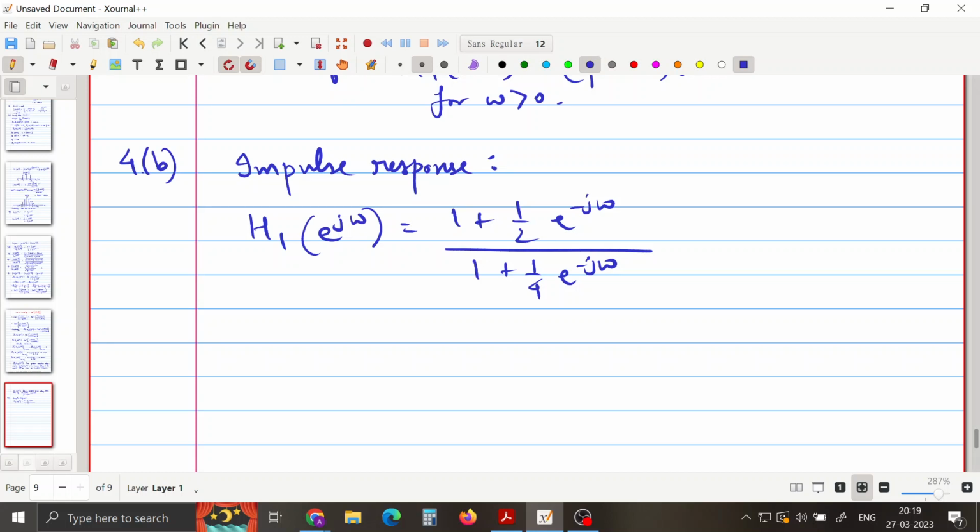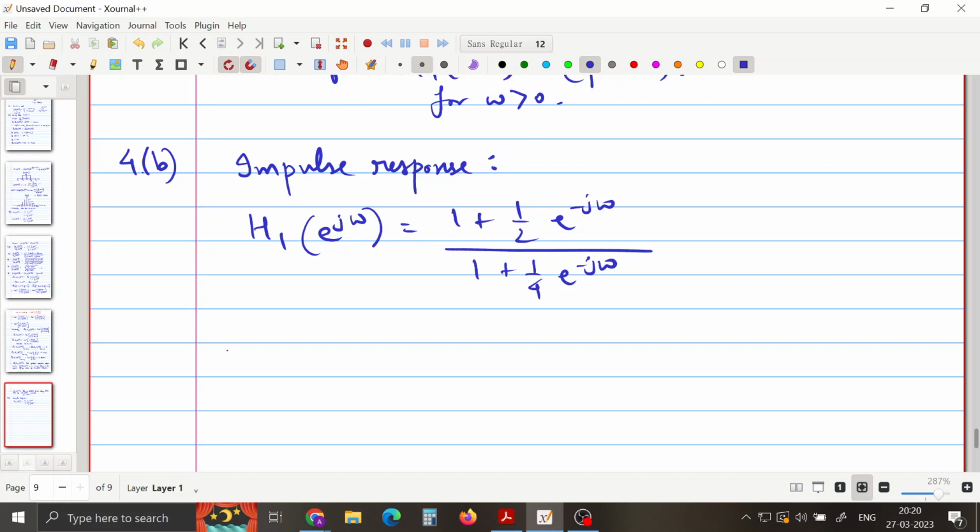Now to find its impulse response, one approach could be taking the IDTFT, that's fine, but instead I think it would be more convenient if we actually use the Z transform. Because we can replace this e power j omega by Z to go to the Z domain.